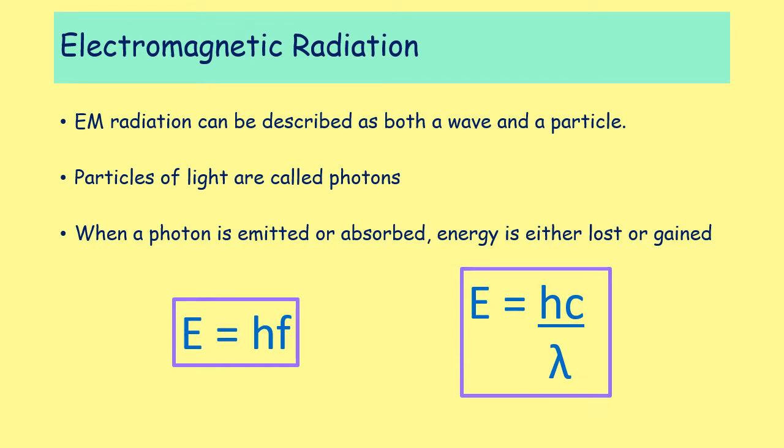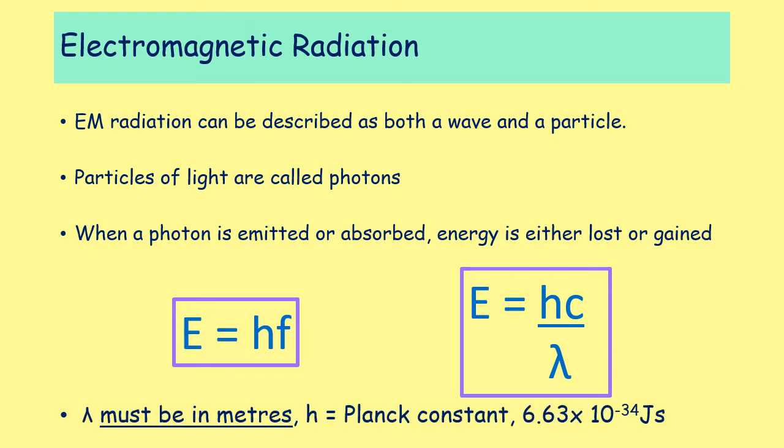We can use the energy is equal to h multiplied by the frequency, or because frequency is related to the speed of light and the wavelength, we can use instead energy is equal to h times the speed of light divided by the wavelength. You'll choose the equation based on whether or not you were given the wavelength or the frequency.